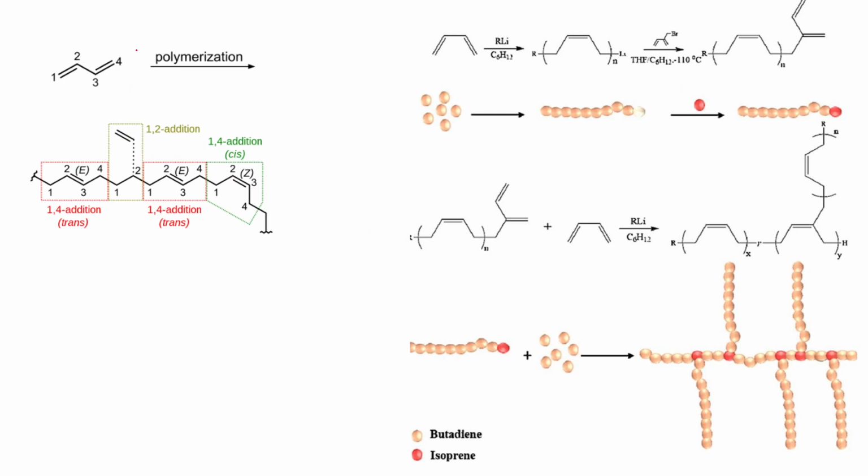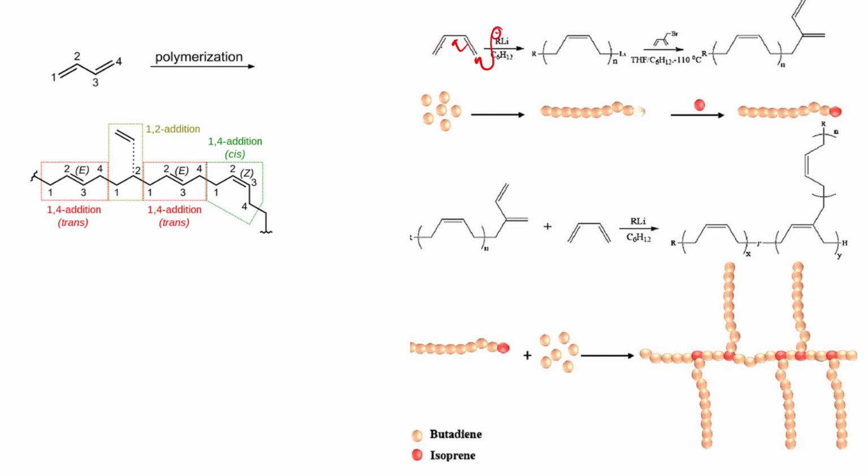For butadiene, when it undergoes polymerization, you can expect this kind of branching formation. What they have shown here is actually, no, sorry, not radical based, it is an anionic polymerization. So here R-Li means it is an anion.